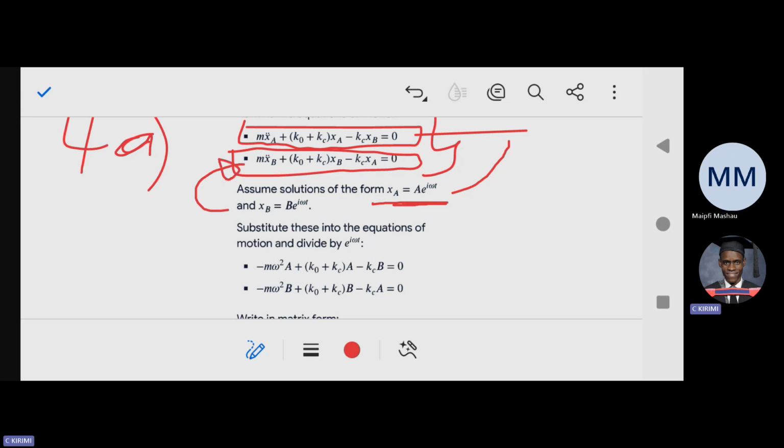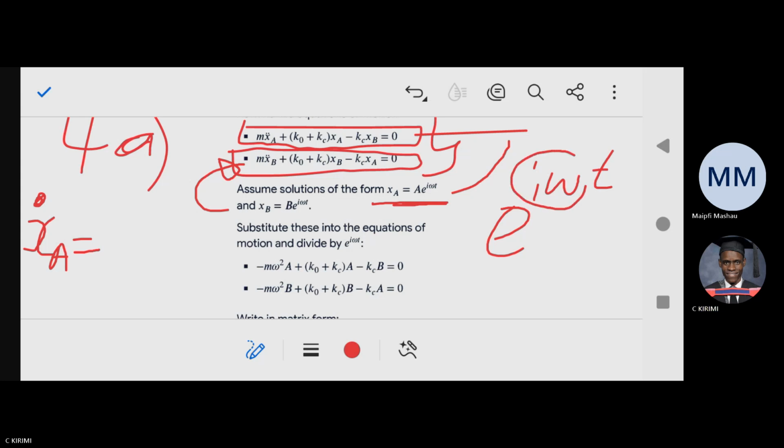What do we mean by that? When I was showing you yesterday how you differentiate XA, the derivative, it's equal to, when you are differentiating A e to the power i omega t, remember, this is a constant, isn't it? i omega is a constant, isn't it?